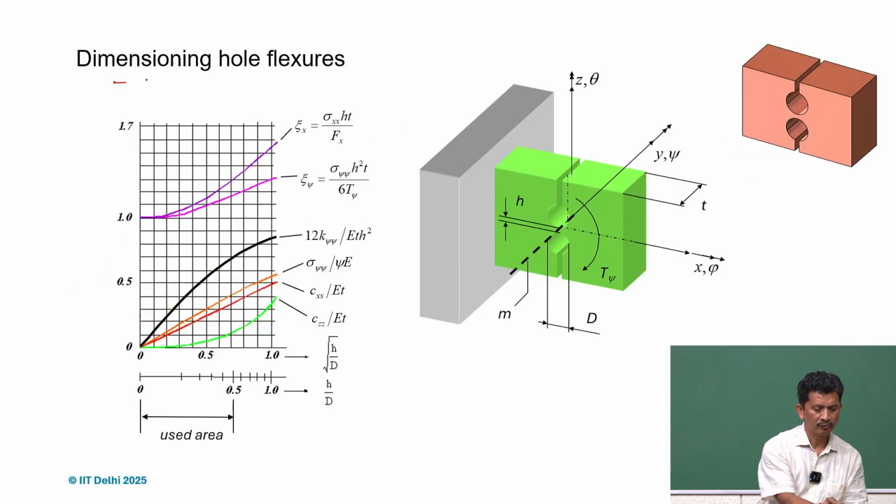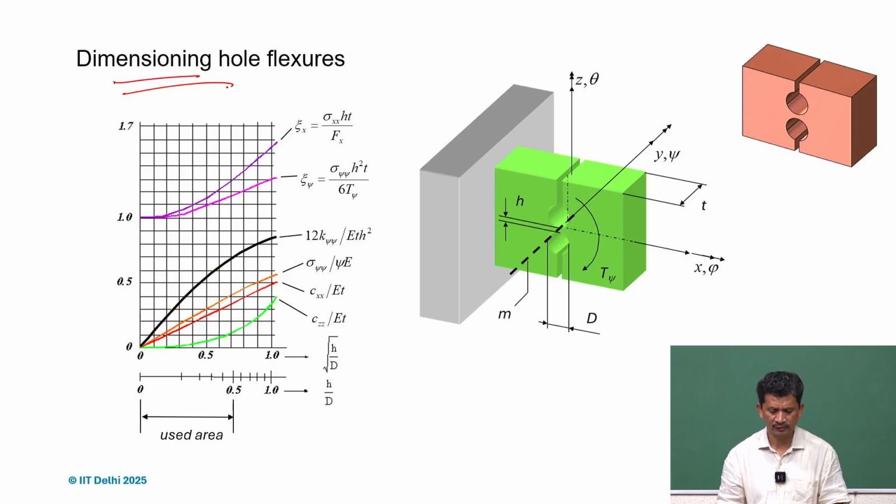When it comes to dimensioning, the parameter which will definitely be of interest is sigma, the stress values. It's the same figure, and now we are talking about the rotation, this psi, and then the other stiffness values we will be talking about.